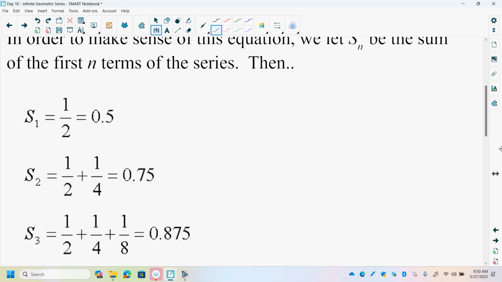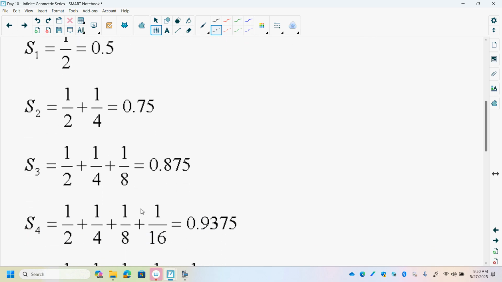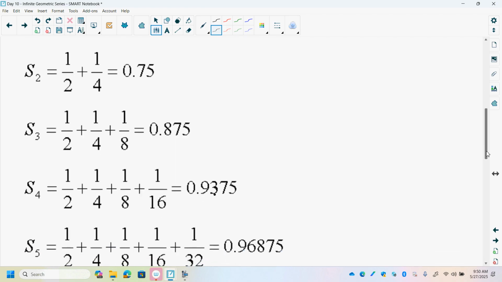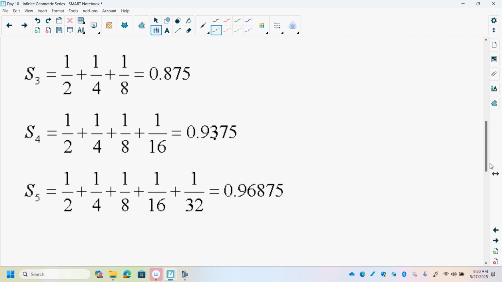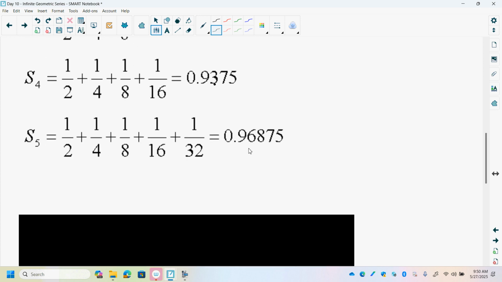What do you notice about these sums? The more terms I add, the sum's going from 0.5 to 0.75 to 0.875 to 0.9375. It's getting closer and closer to what? Yeah, it's converging on 1. Look at the sum of the first 5 terms.